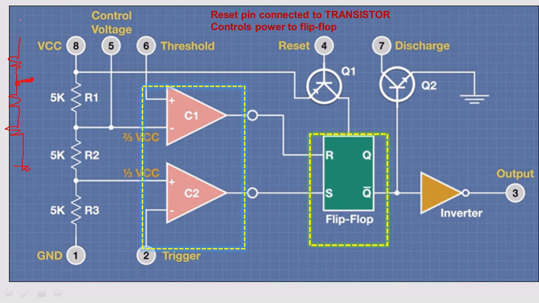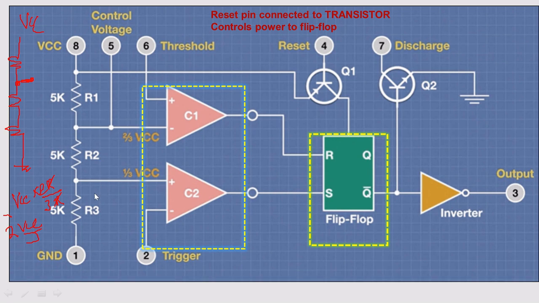Your supply voltage is VCC, times 2R divided by the total resistance 3R. R will get cancelled. 2 VCC by 3. So that is the bias voltage from the network which is sent to the upper comparator.